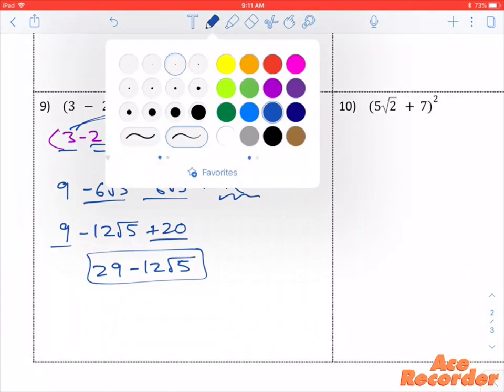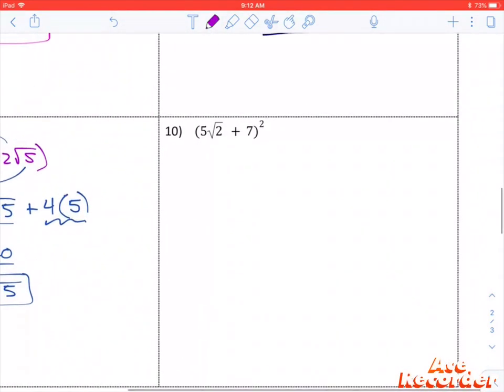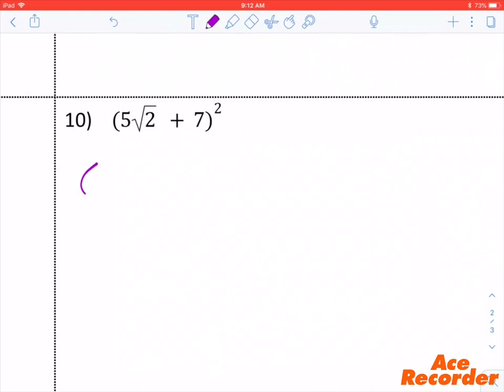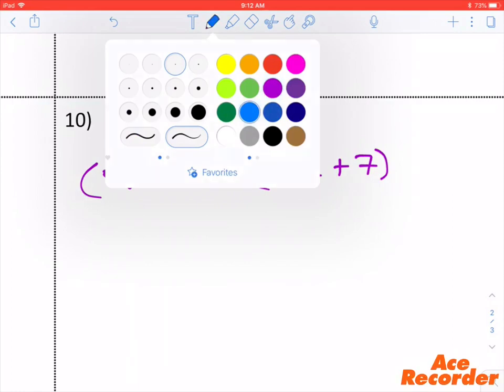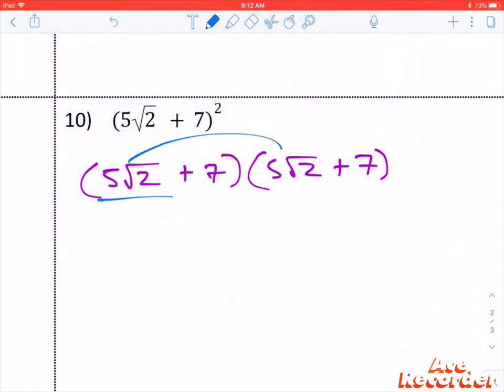And so last one, we have to square this. So parentheses, square root of 5 square root of 2 plus 7 times itself. 5 square root of 2 plus 7. And we distribute. So this times this, 5 times 5 is 25.